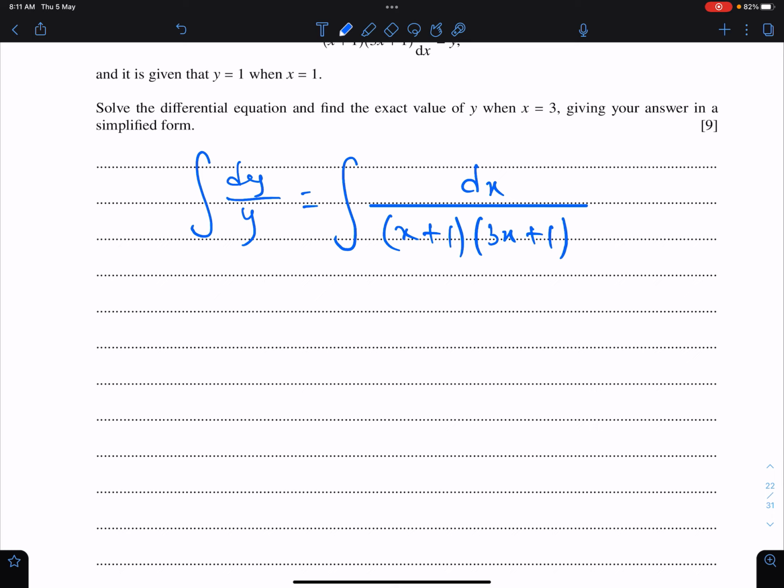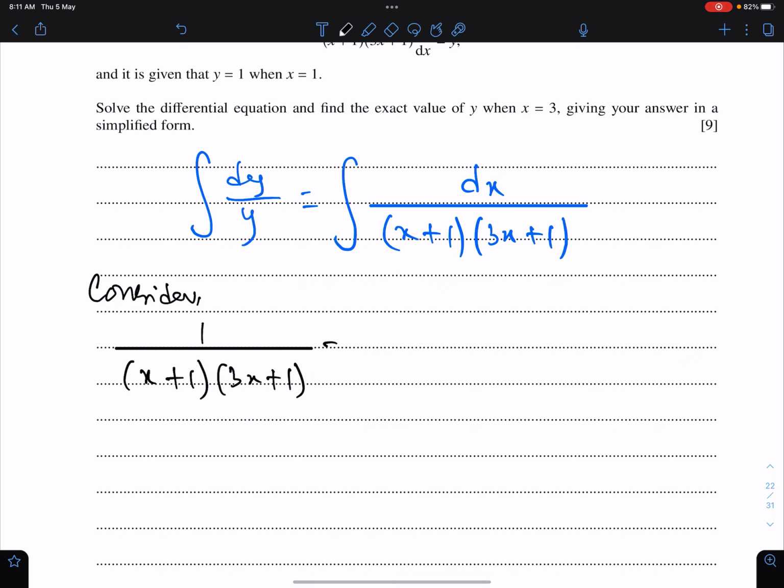Well, this is the structure of partial fraction. So we have to use partial fraction here to split this fraction. So consider 1 upon (x plus 1)(3x plus 1).